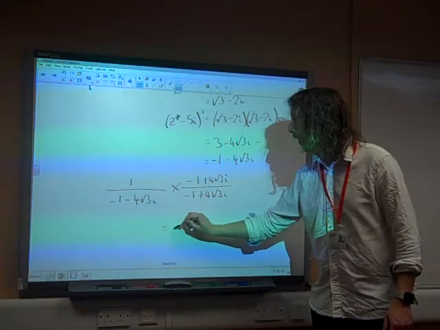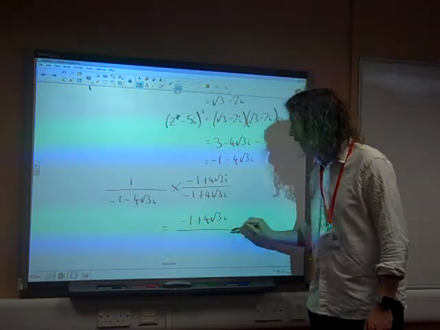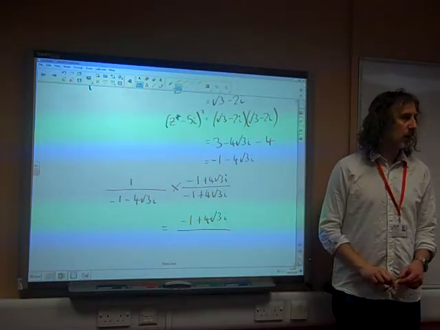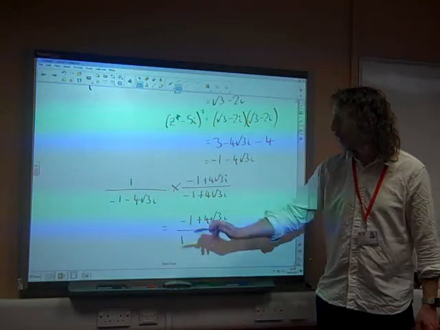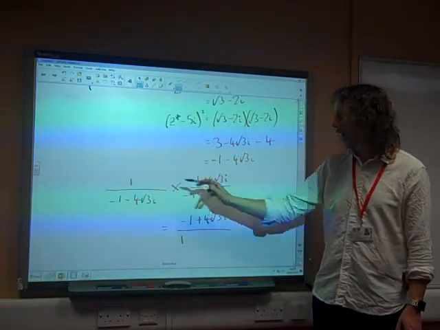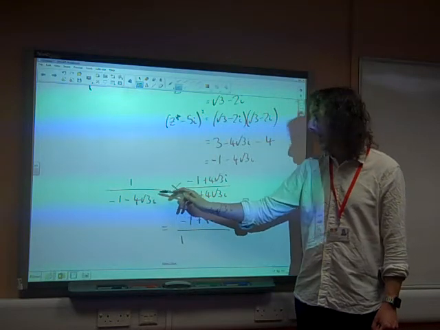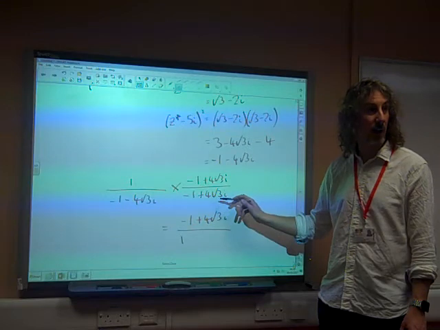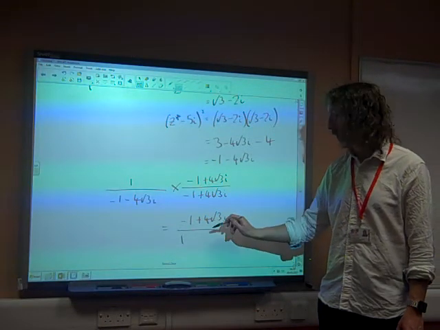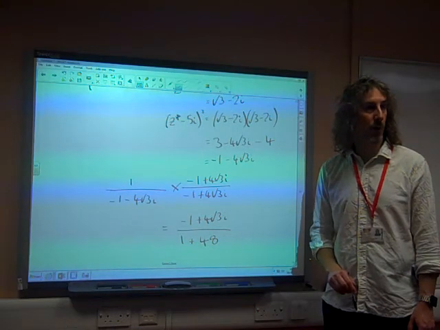And that gives us minus 1 plus 4 root 3 i on the top. And on the bottom line, we've got minus 1 times minus 1, and then we'd have minus 4 root 3 i plus 4 root 3 i, and then we would have minus 16 times 3, so that's minus 48 i squared, which gives us a plus 48 on the bottom.